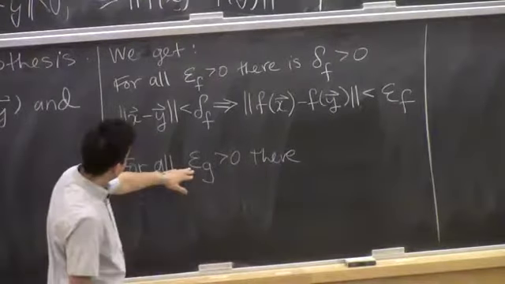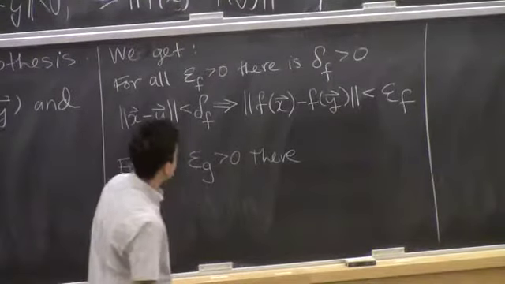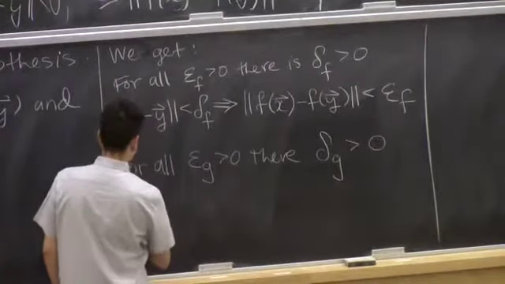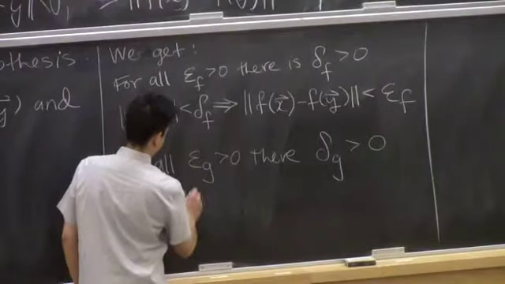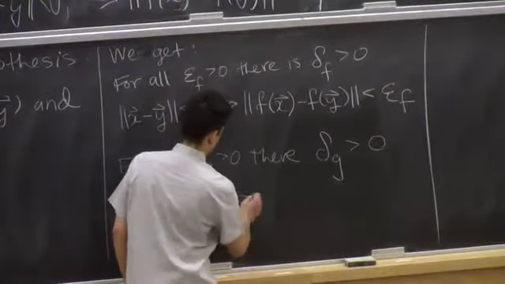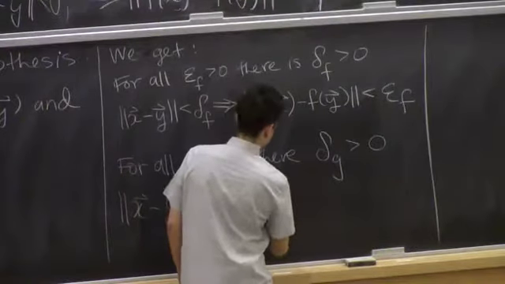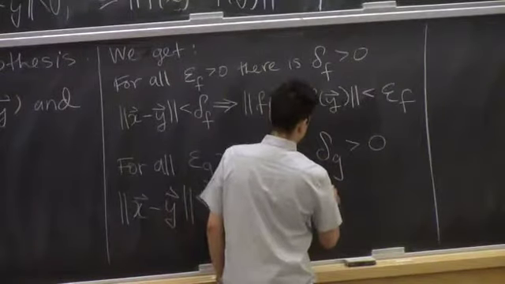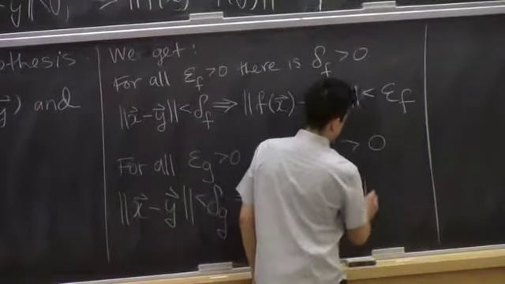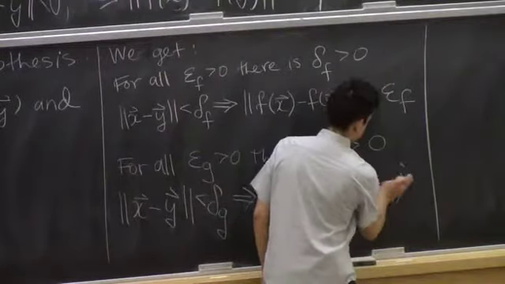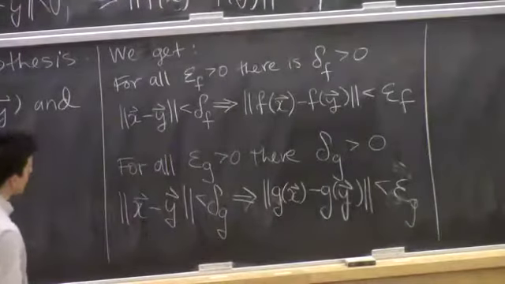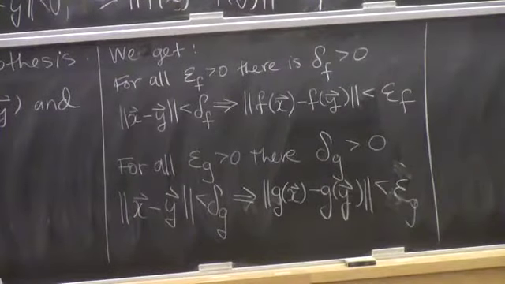Okay, so we've got epsilon g, there is delta g. Okay, very good. So there's our epsilon delta statement for g. And now we're going to combine these two together.